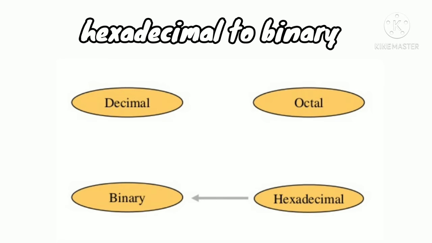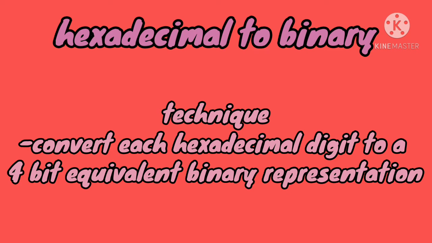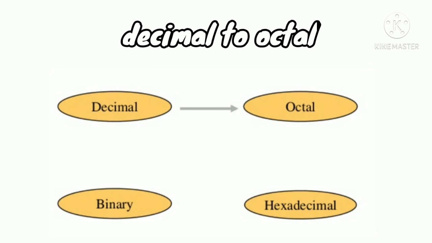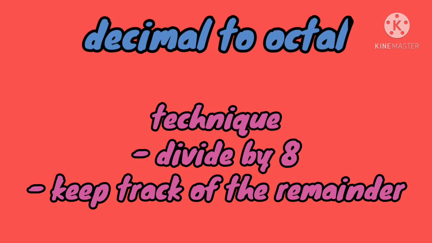The conversion of hexadecimal to binary. To convert hexadecimal into binary, convert each hexadecimal digit to a 4-bit equivalent binary representation. Example in which hexadecimal is converted into binary. The conversion of decimal to octal. To convert decimal to octal, divide by 8 and keep track of the remainder.